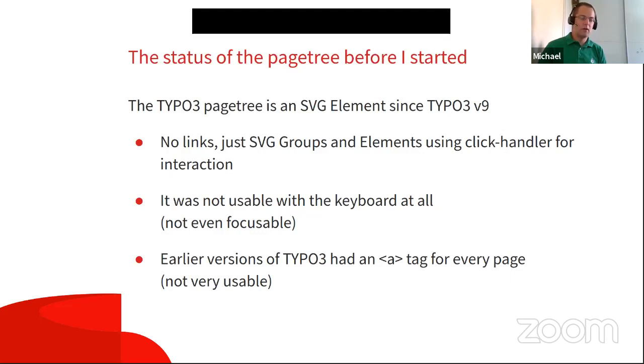And if you think of TYPO3 instances with, for example, 1,000 pages, it is a little bit hard to count to 916 if you want to have that page. So it was not very comfortable to use. Also, you were not able to collapse or expand subtrees.